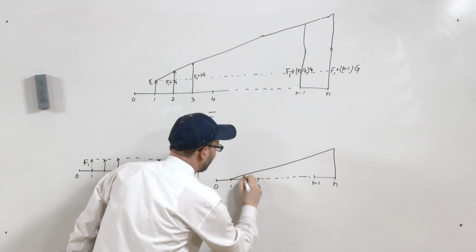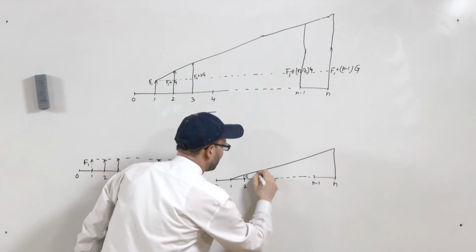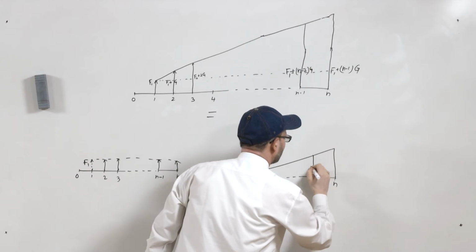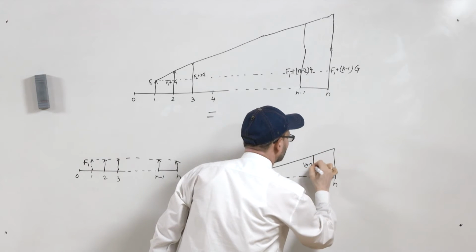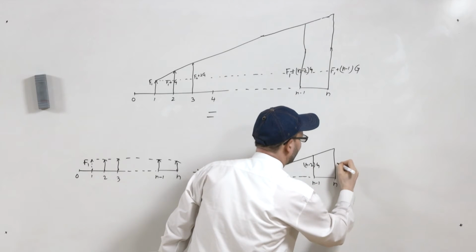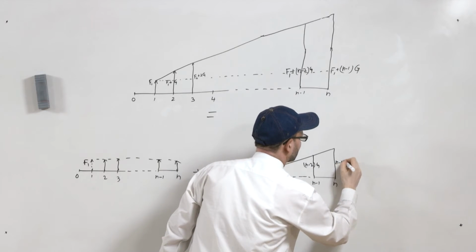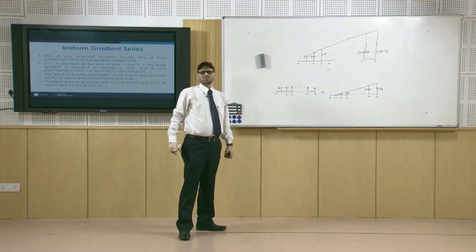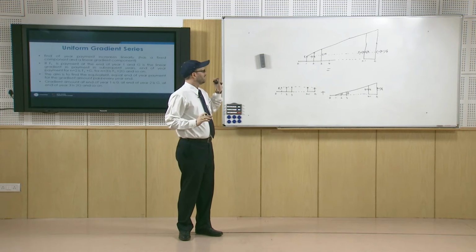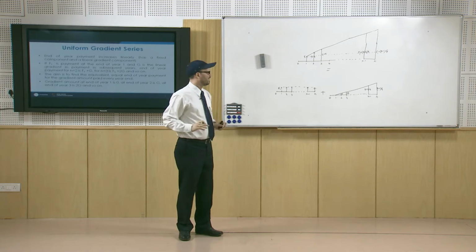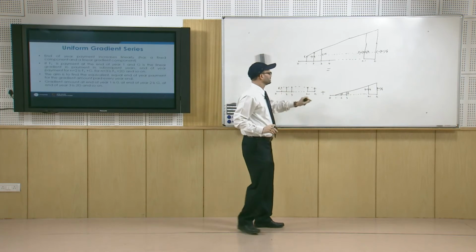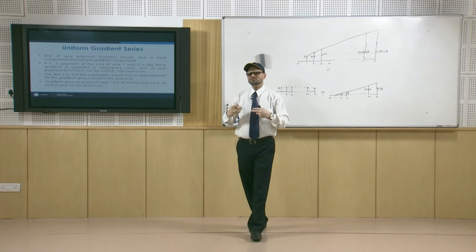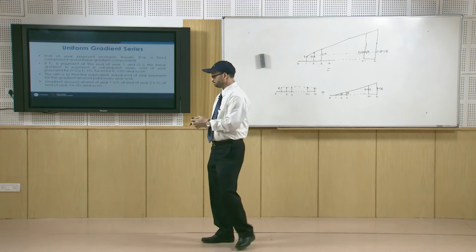Here in the second year it is g, in the third year it is 2g, in the n minus 1th year it is n minus 2 into g, and in the nth year it is n minus 1 into g. We have to find an equivalent cash flow diagram which should tell us the annual equivalent value for this gradient series. That is our aim.